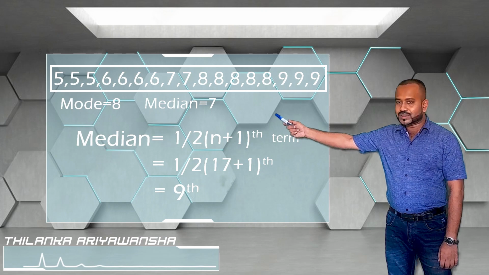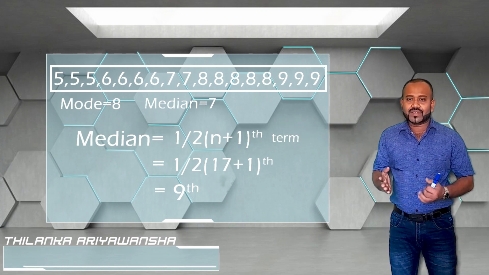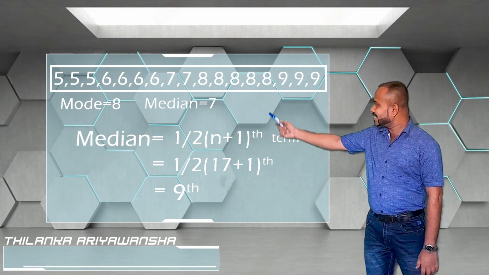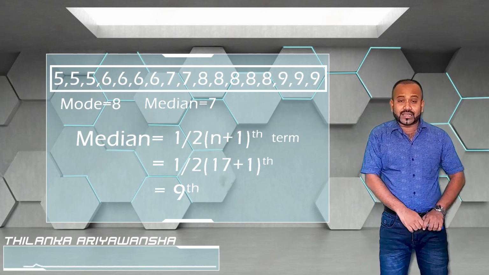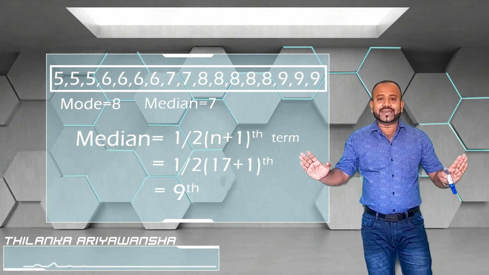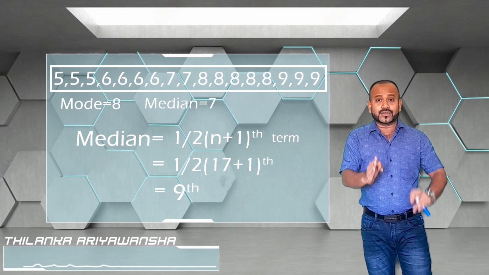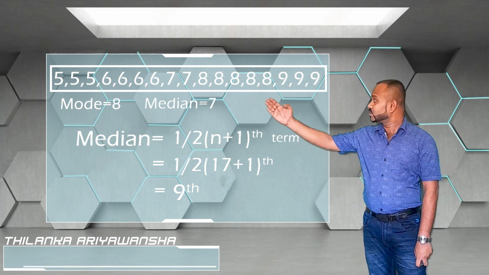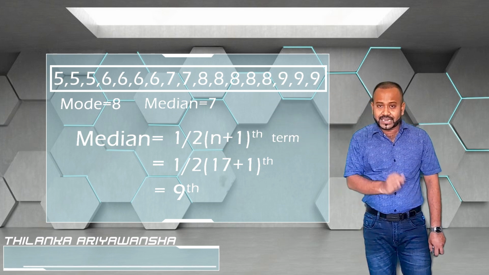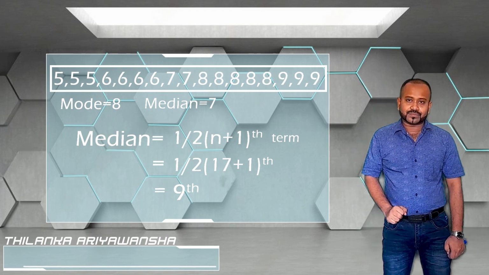Here all the values are arranged in ascending order, so we could get this directly. But if a paper gives them without ascending order, you must arrange all these values in ascending order. Only then can you select the median.